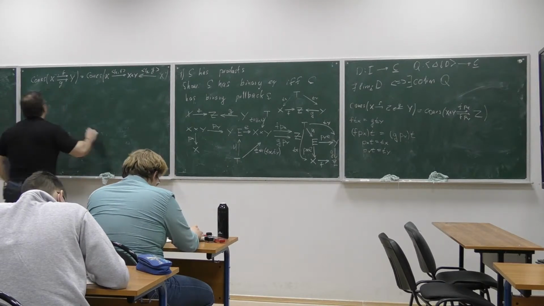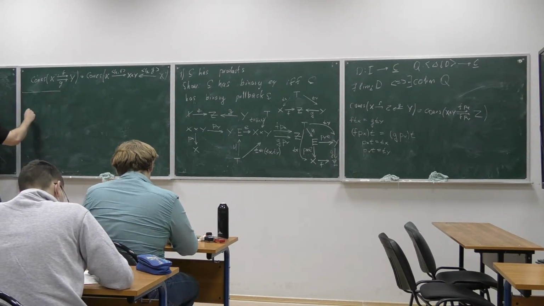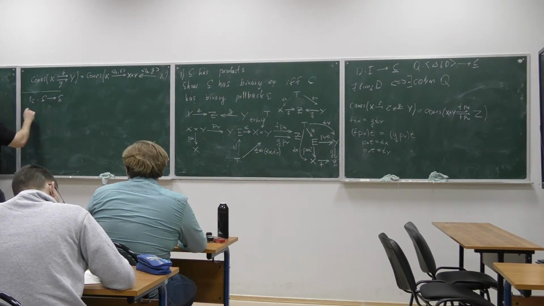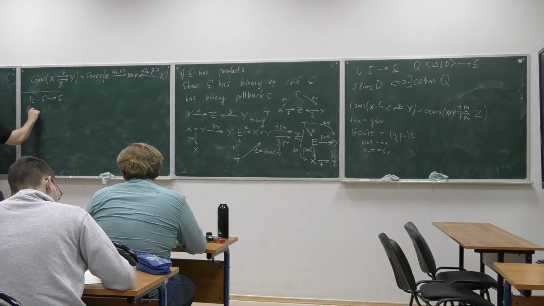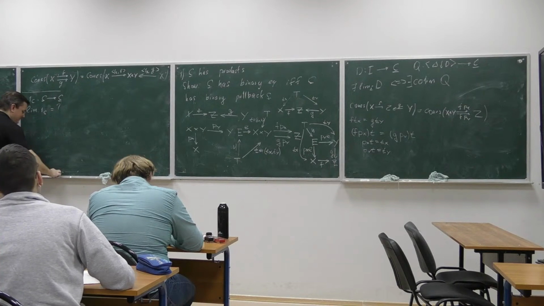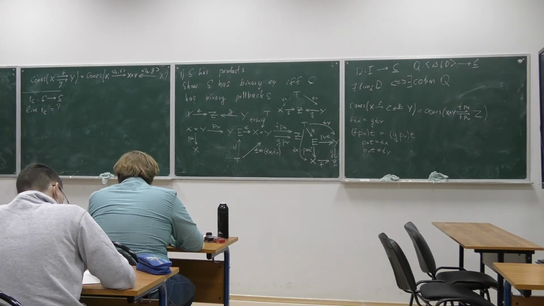Let's do an example as simple as possible. Take the identity functor and compute the limit of the identity, if it exists, and also explain when it exists.